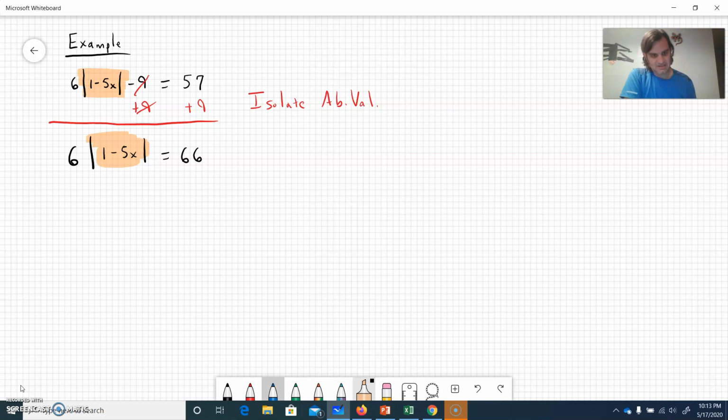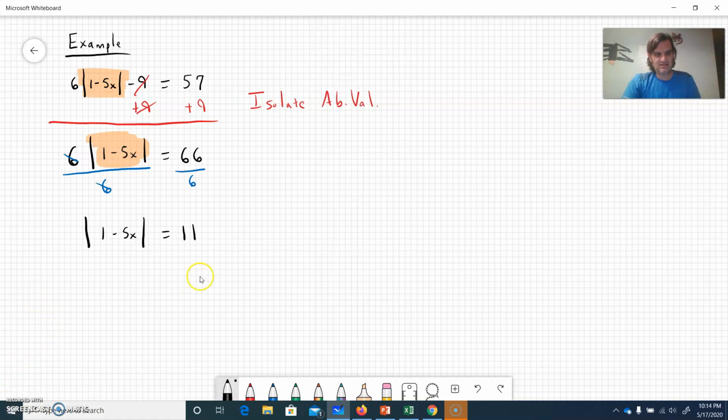The next thing I can do is divide by the coefficient in front of the absolute value, which is 6. So I'll divide both sides by 6. That reduces the left-hand side to just the absolute value of 1 minus 5x, and on the right-hand side, 11.